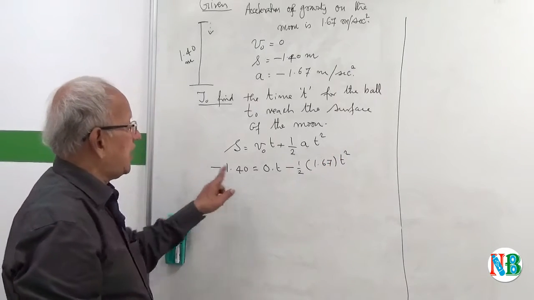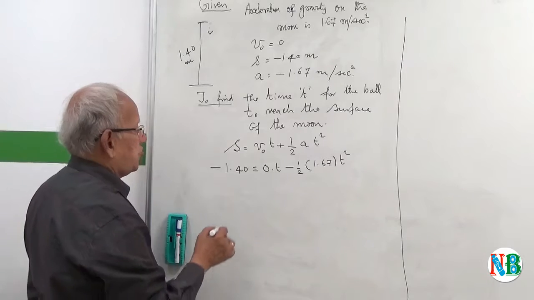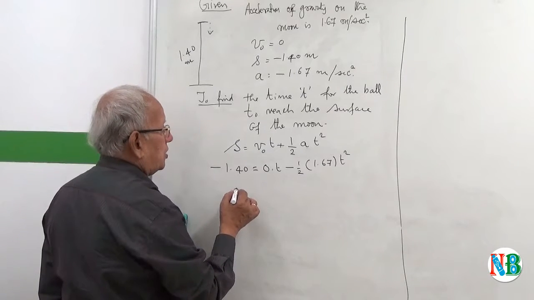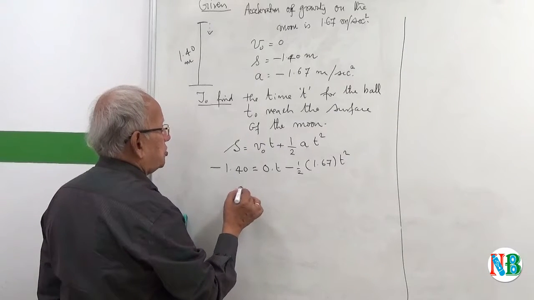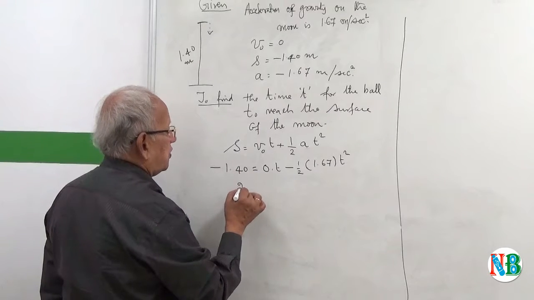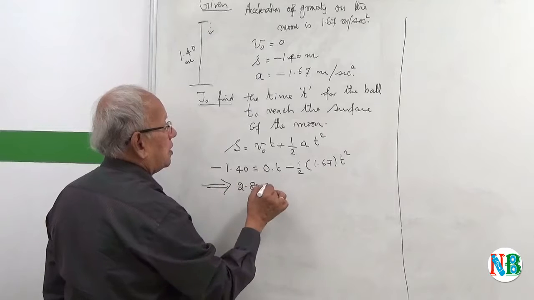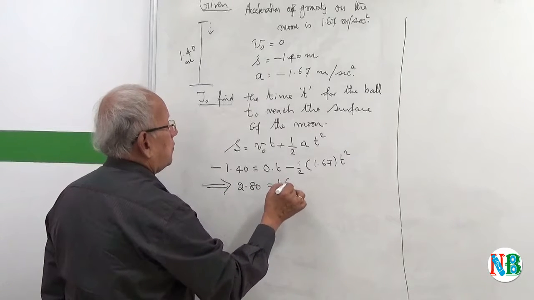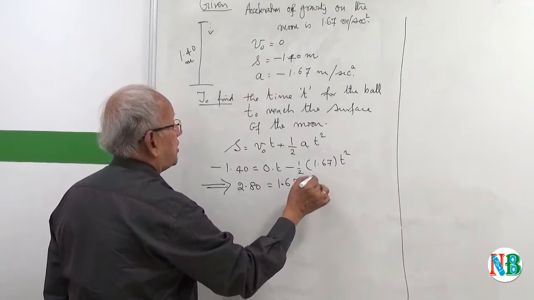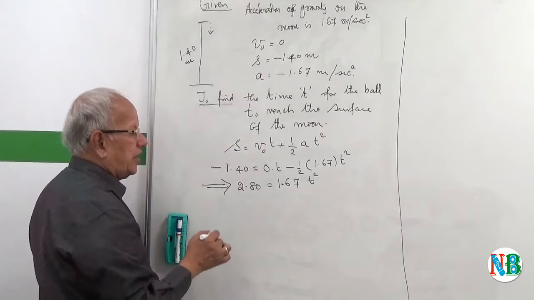So we can cancel the negative sign on both sides. So we get 2 times 1.40, so 2.80 equals 1.67 times t square. Am I right?